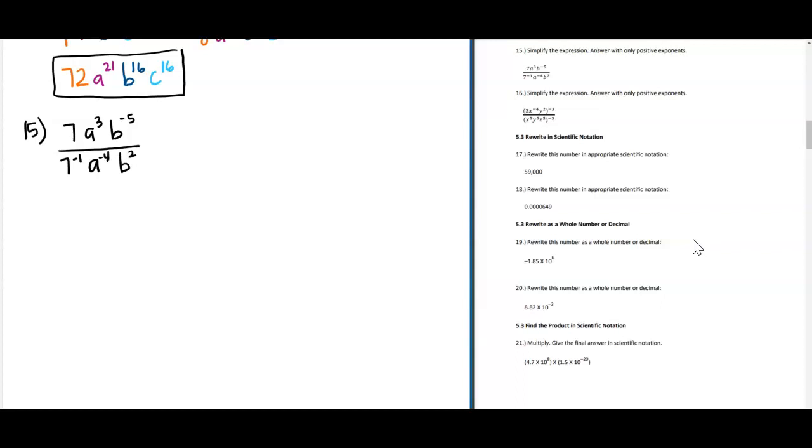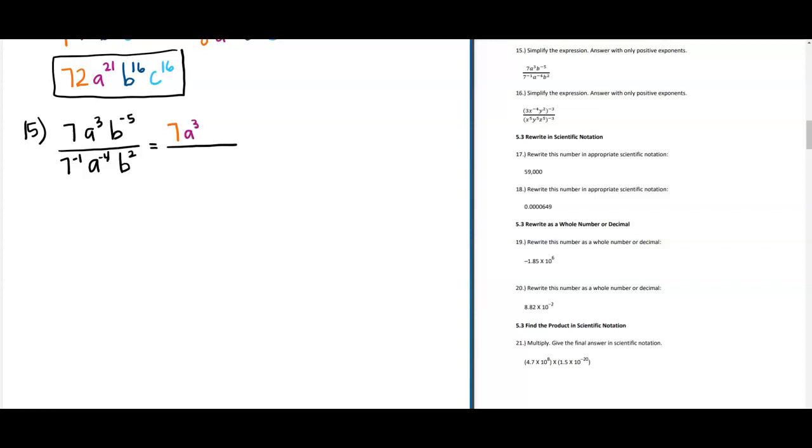So when we have negative exponents, remember, like I said above, we want to flip those to where they're going to be happy, right? If they have a negative exponent, they're unhappy. We want to flip them to where they're going to be happy. So let's look and see what we have here. 7 is perfectly happy upstairs, so 7 is going to stay upstairs. a to the third power is also happy upstairs, so we're going to keep a to the third up there.